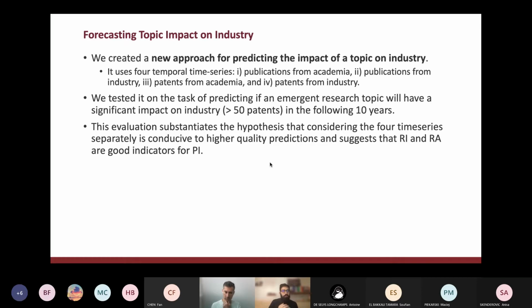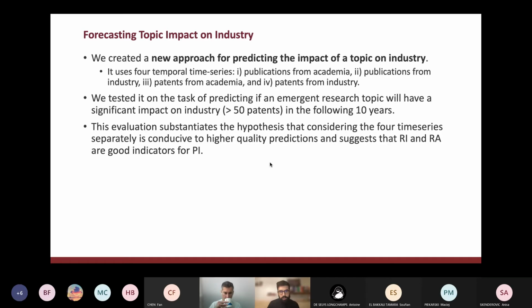So the question that we are posing here is, can we predict whether something is going to become industrial or not? We use four time series: publications from academia, publications from industry, patents from academia, and patents from industry.